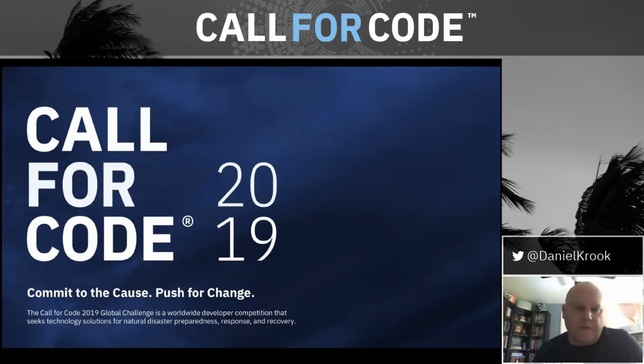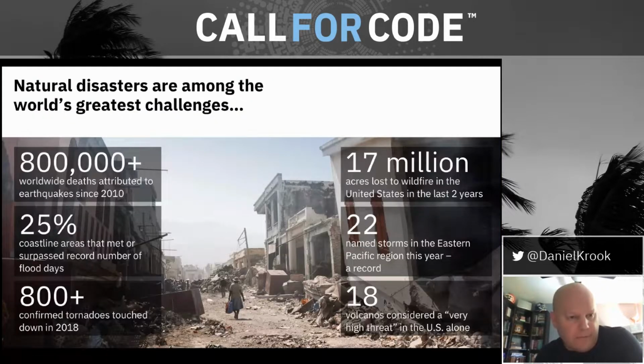Okay, so I'll get into more of those details later, but for now, let me go through the reason for Call for Code, why we're doing it, and the type of applications we want to receive. Natural disasters are very important to individual communities and companies around the world.